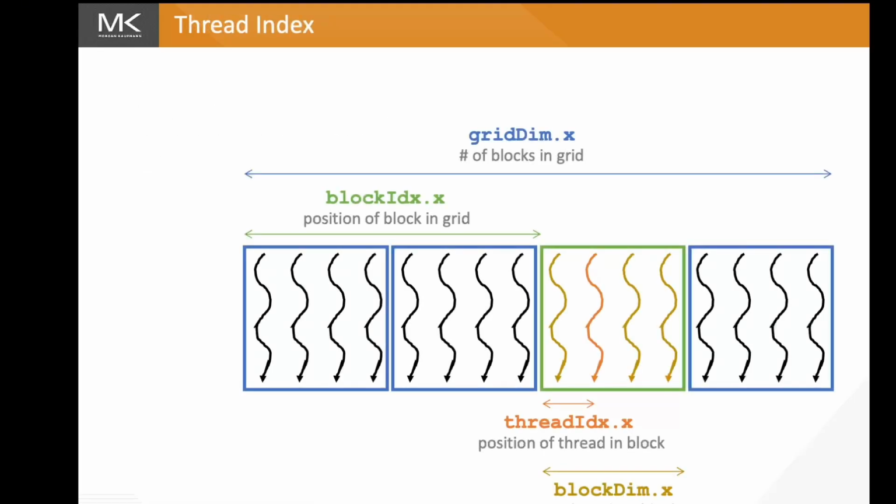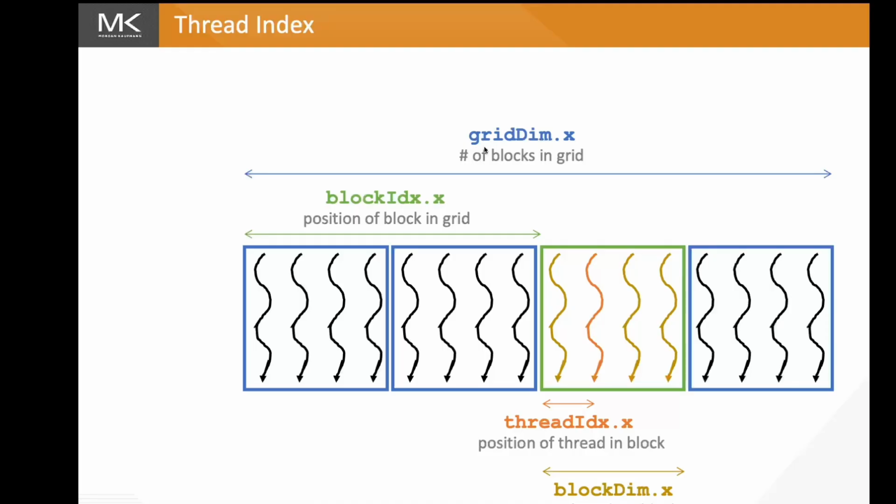All right, so if you remember from the previous session, when you launch a CUDA program, you launch a grid of thread blocks, as you can see here. Here we are launching 4 blocks, and each block has 4 threads in it. CUDA organizes these grids using some variables that you can access through your CUDA kernels.